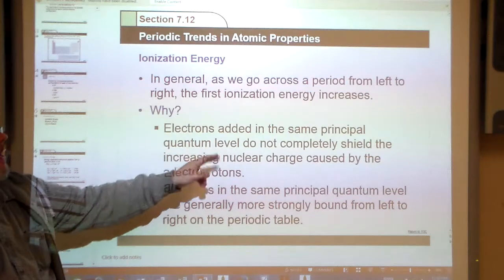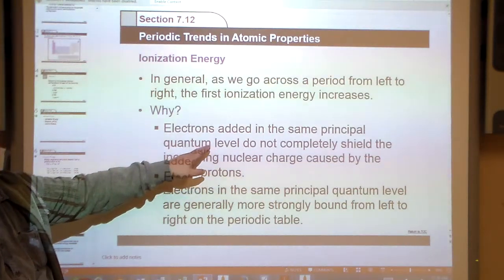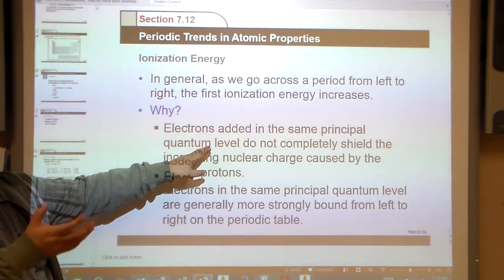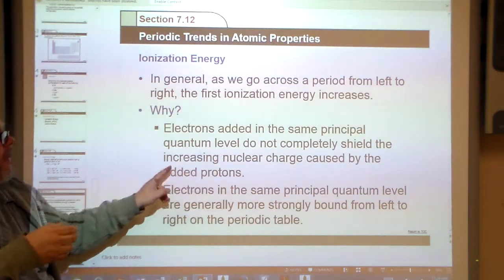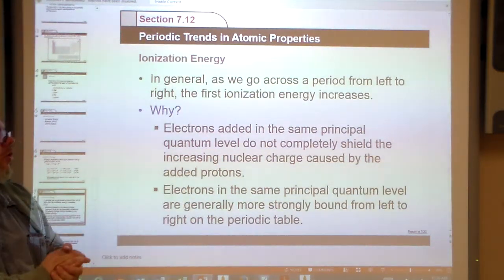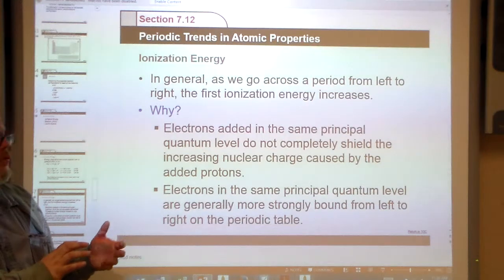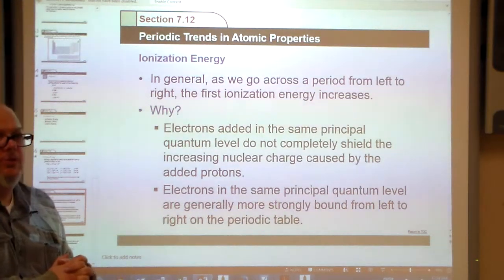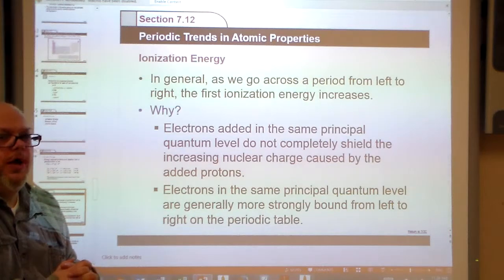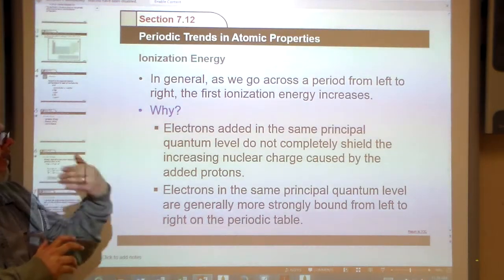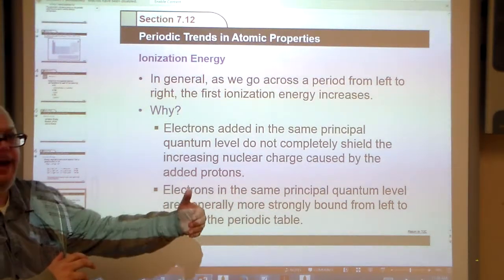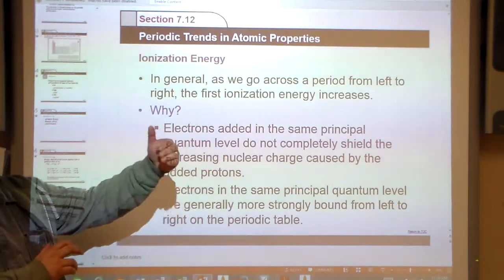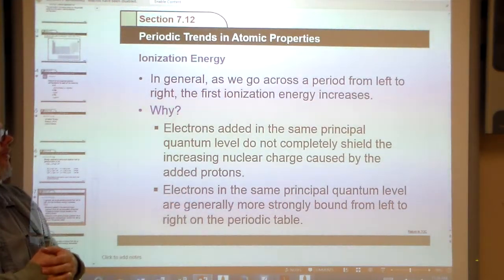Electrons added in the same principal quantum level, that means level 2 or level 3 or level 1, do not completely shield the increasing nuclear charge caused by the added protons. And it kind of makes it harder for the electrons to go through. So if you're looking at 2s2, then 2p1, compared to the next atom, which would have 2s2, 2p2, it makes it a little bit harder to take that out.